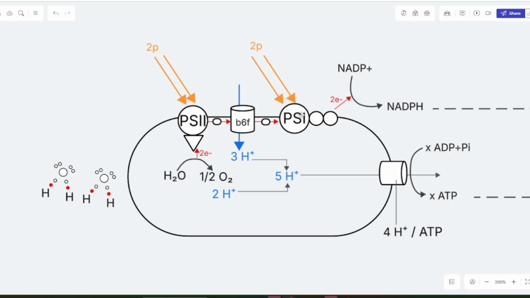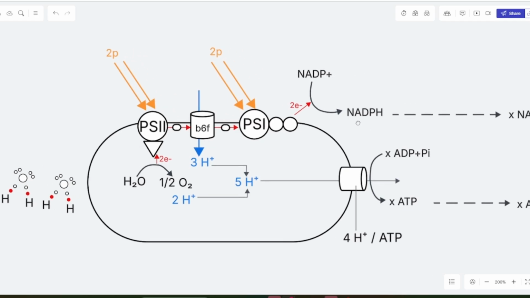So they get re-excited by 2 more photons, and those 2 electrons are now going to reduce, through a ferredoxin and ferredoxin NADPH reductase, NADP plus to NADPH, and there we go.